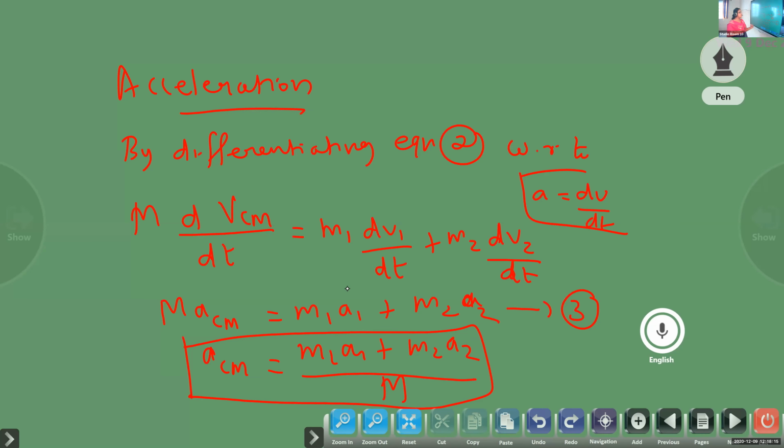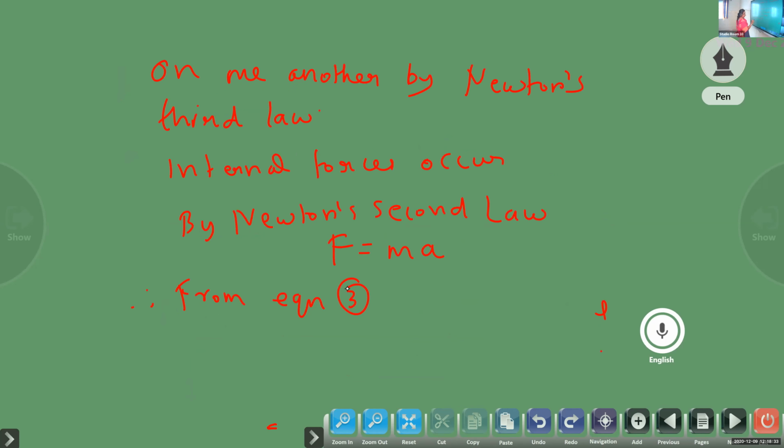So when the system moves, the forces acting on the particles come together and become the force of the entire system. Clear?